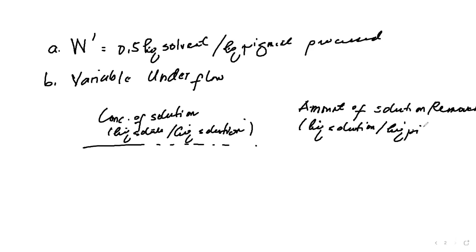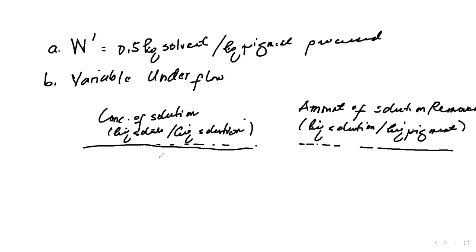So it's dependent on the amount of pigment processed. But nonetheless, the amount of solution removed is also dependent on the concentration of that particular solution in the underflow. So this is a case of variable underflow condition.